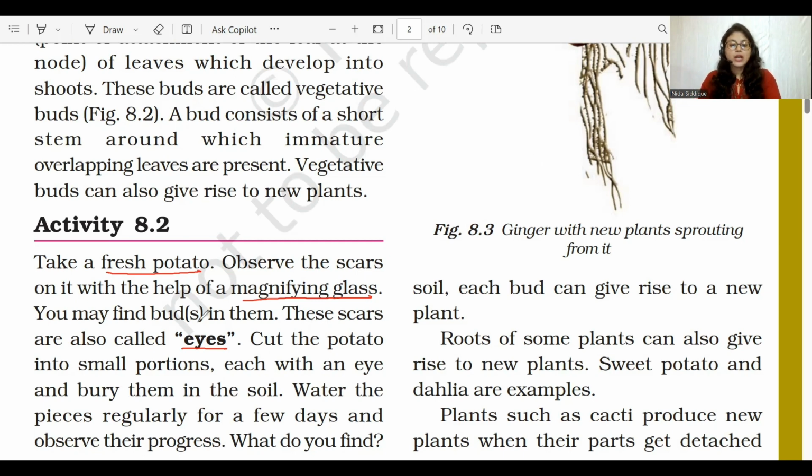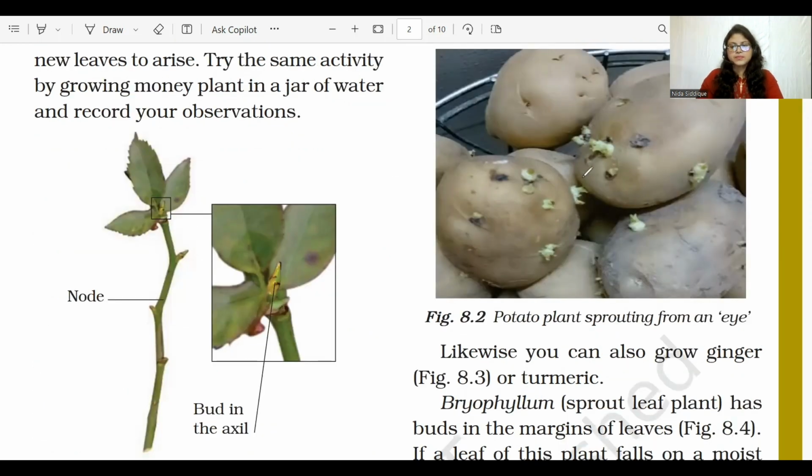Now let me show you how these scars and eyes look in potatoes. Let's look at the diagram. So this is the diagram of a potato and you can see these scars, right? These scars are what we call eyes, and new plants develop from here. You can also find these kinds of structures growing in ginger and also in turmeric.